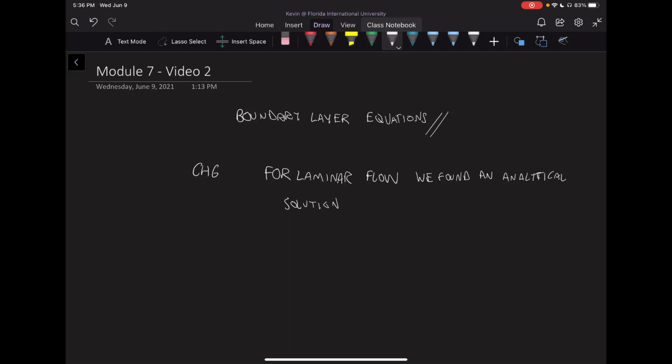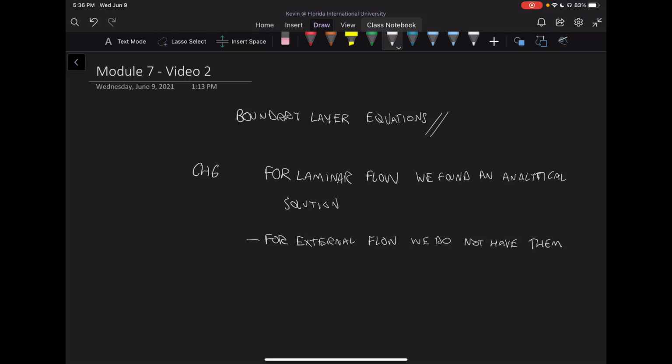Now, in this external flow, we actually do not have any analytical solutions. We cannot come up with an analytical solution for any external flow around a body.